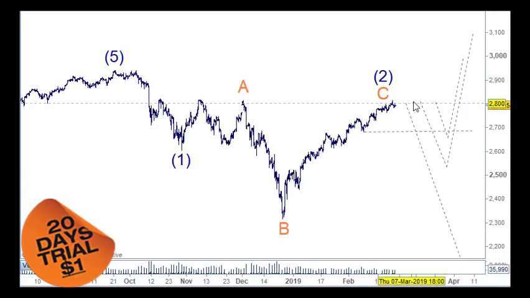The second count is that we can come down to the 50-60% retracement level and then move up. Or we can come down to the fourth wave of one lesser degree down to this point and then move up.